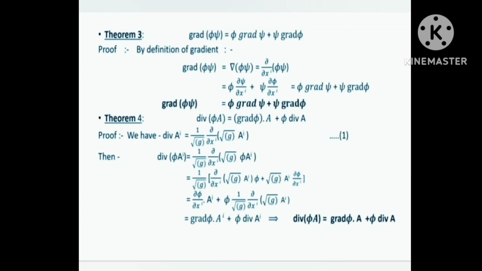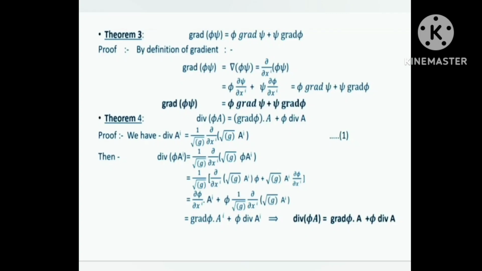Now theorem 4: divergence of phi A is equal to grad phi into A plus phi divergence of A. So we have divergence A^I is equal to 1 upon root g del upon del x^I of root g A^I. So divergence of phi A^I is equal to 1 upon root g del upon del x^I of root g phi A^I.